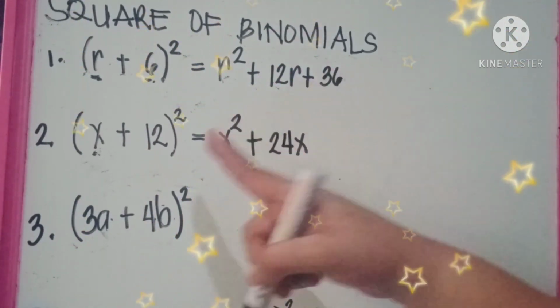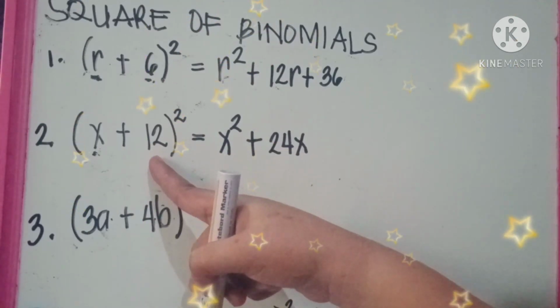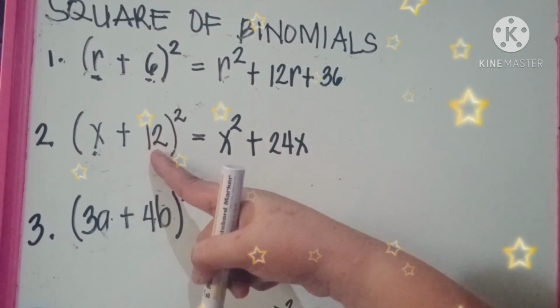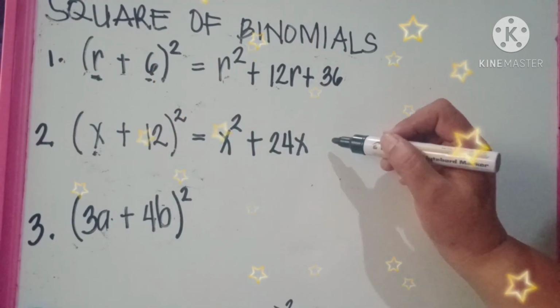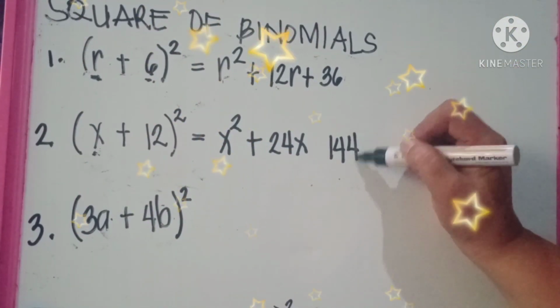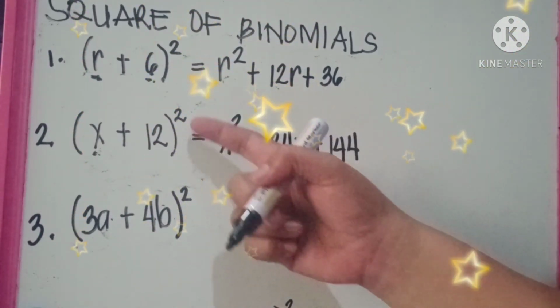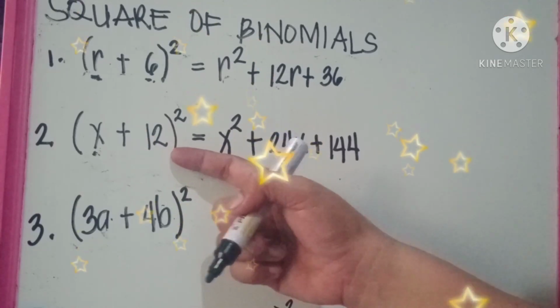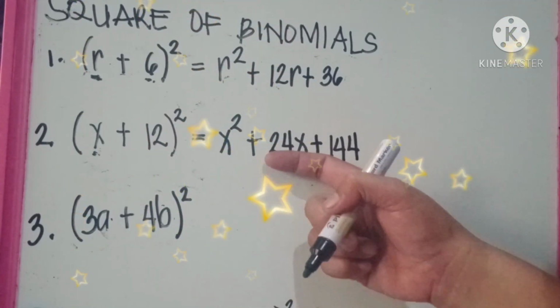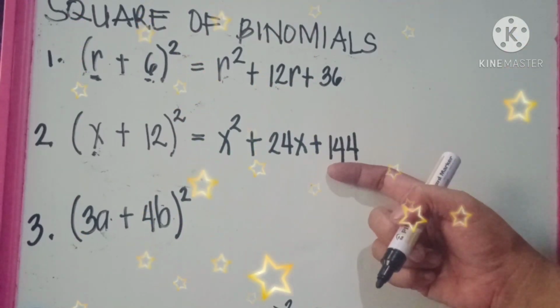Then, multiply the last term of the binomial by itself. So, 12 multiplied by 12 is 144. Okay, so again, the sign here is plus. So, the square of x plus 12 is x squared plus 24x plus 144.